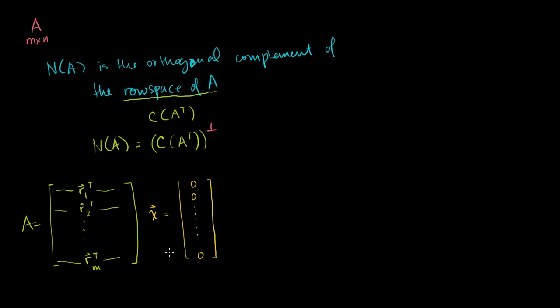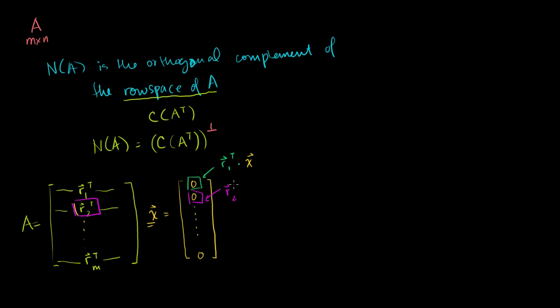So another way to write this equation, you've seen it before, is this. When you take the matrix vector product, you're essentially taking the dot product. So to get to this entry right here, this entry is going to be this row dotted with my vector x. We're calling this row vector R1 transpose, the transpose of some column vector that can represent that row. But that dot my vector x is going to be equal to that 0. If I take this guy and dot him with vector x, it's going to be equal to that 0.